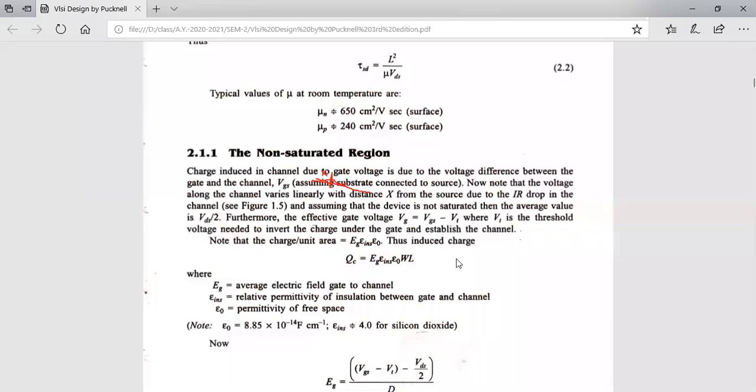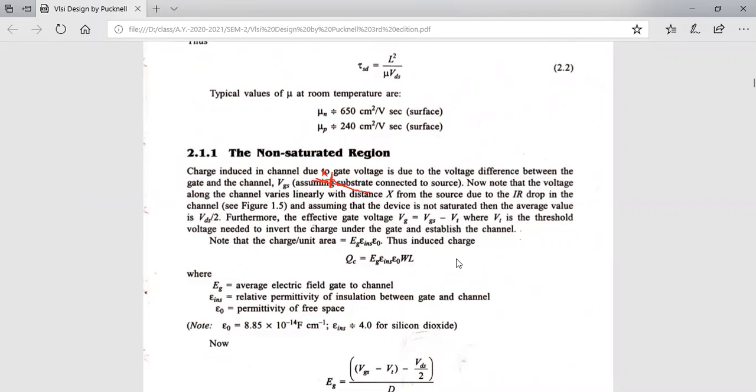If I take any point between the source and the drain, after the formation of the channel, the charge per unit area can be given as Eg multiplied with epsilon ins and epsilon naught.